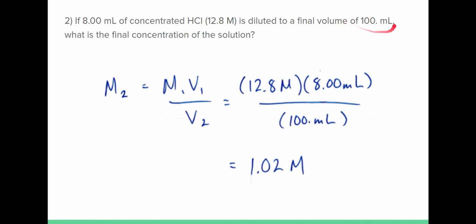We want to try to get our solution to be 100 milliliters by the end of this dilution, so the rearrangement of the dilution equation gives me M2 is equal to M1V1 divided by V2, 12.8 molar. The milliliters and the milliliters are going to divide out, and I take my numbers and I substitute them in. I get a final concentration of 1.02 molar as my final answer.